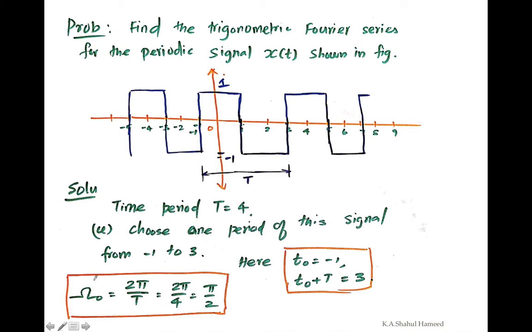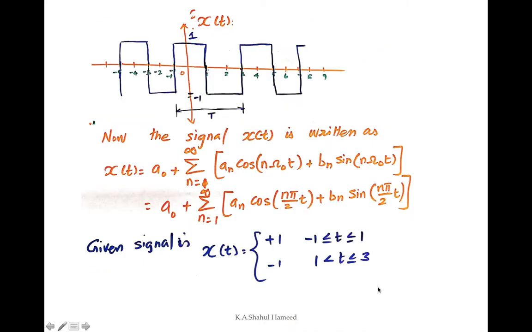And we have to find omega naught, that is the angular frequency. Angular frequency is equal to 2 pi by T. T we have already obtained, T is equal to 4. When we substitute 4 in this equation, we get 2 pi by 4 is equal to pi by 2. First of all, we have to replace this omega naught in the Fourier series equation, and then we have to integrate over this duration, that is minus 1 to 3, to find the Fourier series coefficients.